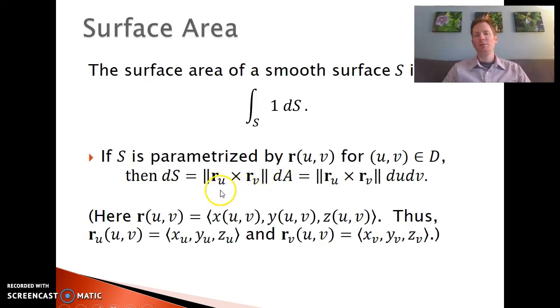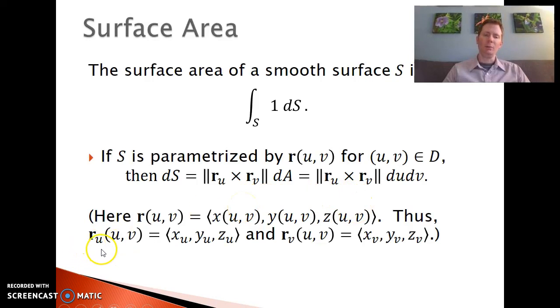These partial derivative vectors are one with respect to u and one with respect to v. Both of these are themselves vector functions. And r of u, v is a vector function of three components, where each component is parameterized by u and v.